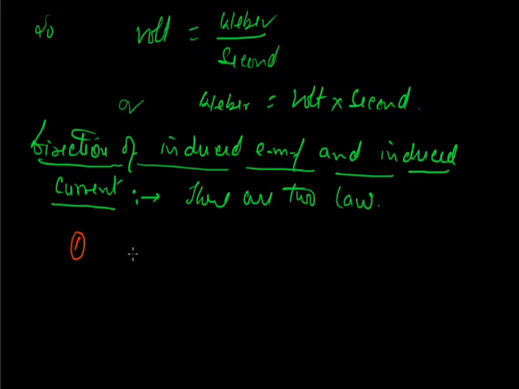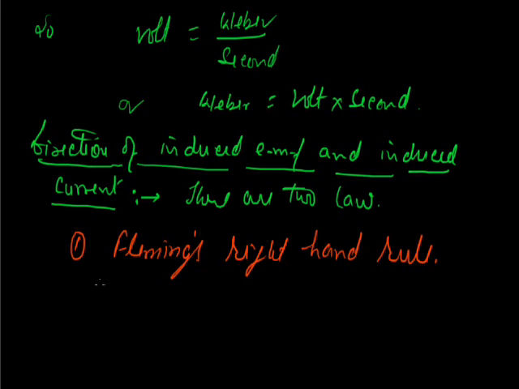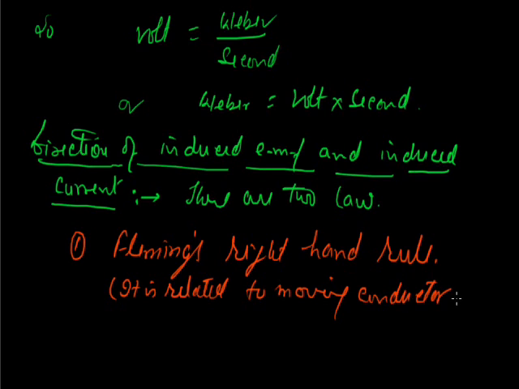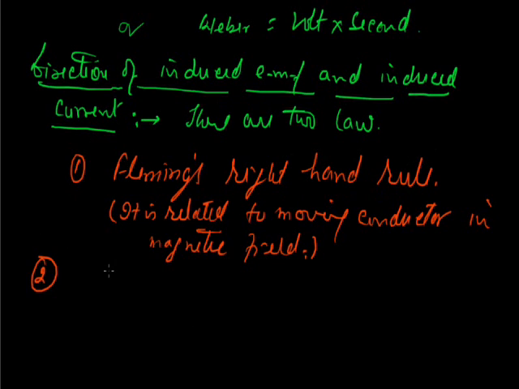First one is Fleming's right hand rule. It is related to a moving conductor in a magnetic field. And second is Lenz law.